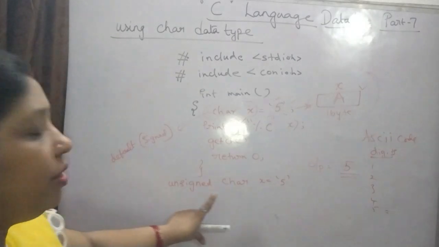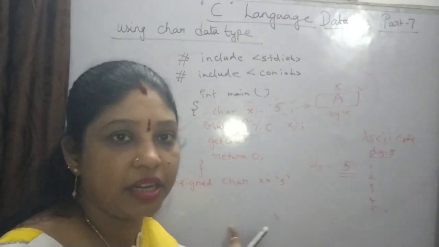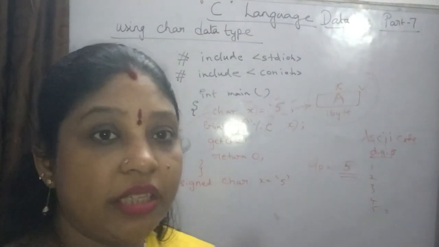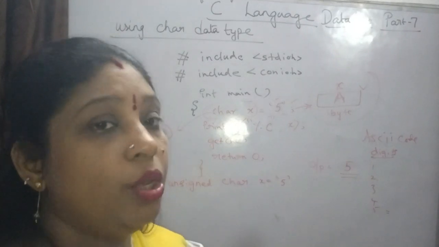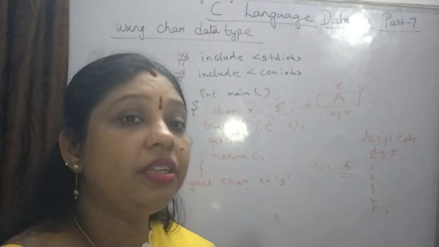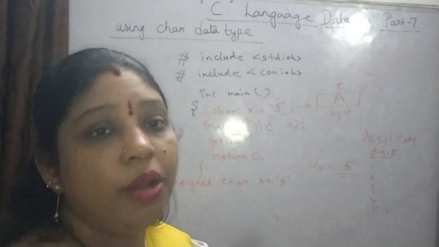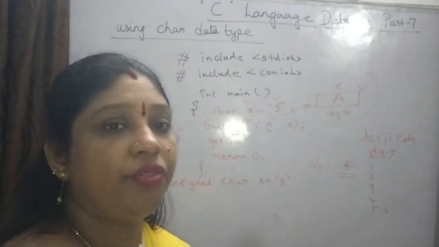The moment you have used the unsigned char data type, it will enter into the unsigned character circle. The unsigned character data type will hold only positive values from 0 to 255.